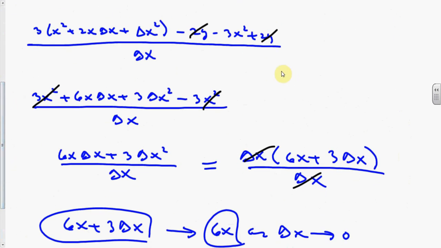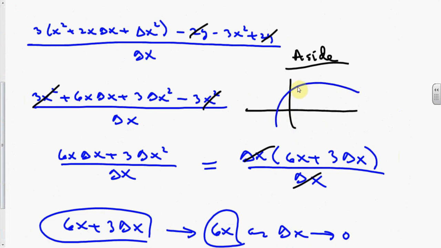Just come down here and show on the side, if you will. We call this a secant line, just any line that crosses a curve at 2 points.